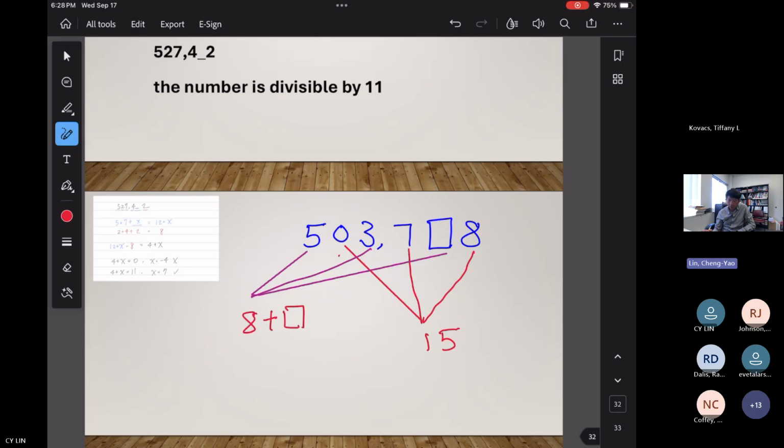Are you with me for this? So I take 8 plus a box, subtract 15. Then you tell me what number I fill in would be divisible by 11.